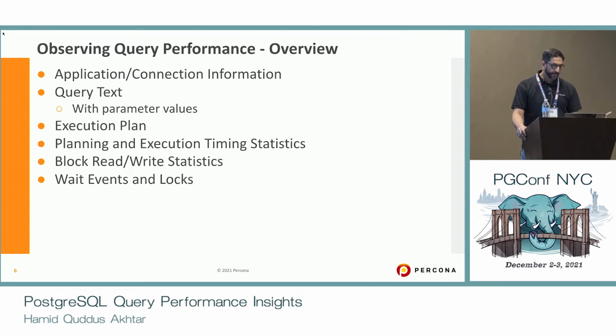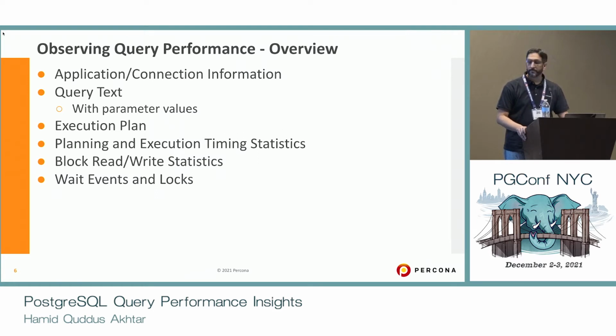Then, once we go from application to query text, the next point is the execution plan, and that is what defines how the query will be executed, what kind of different steps the Postgres server will take in completing that query processing job. Once that's done, you'd like to know the planning and execution time statistics.